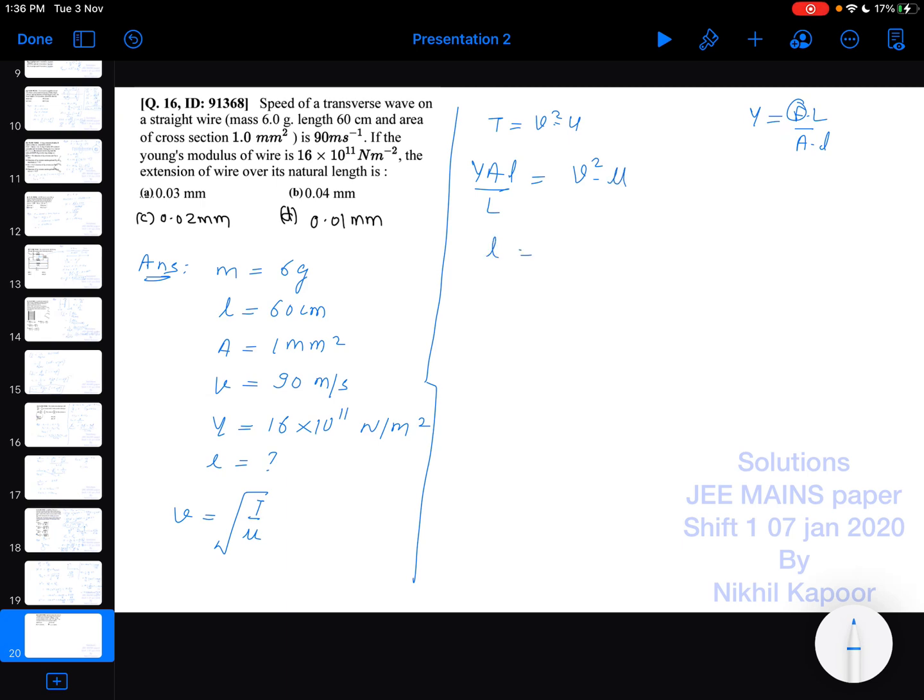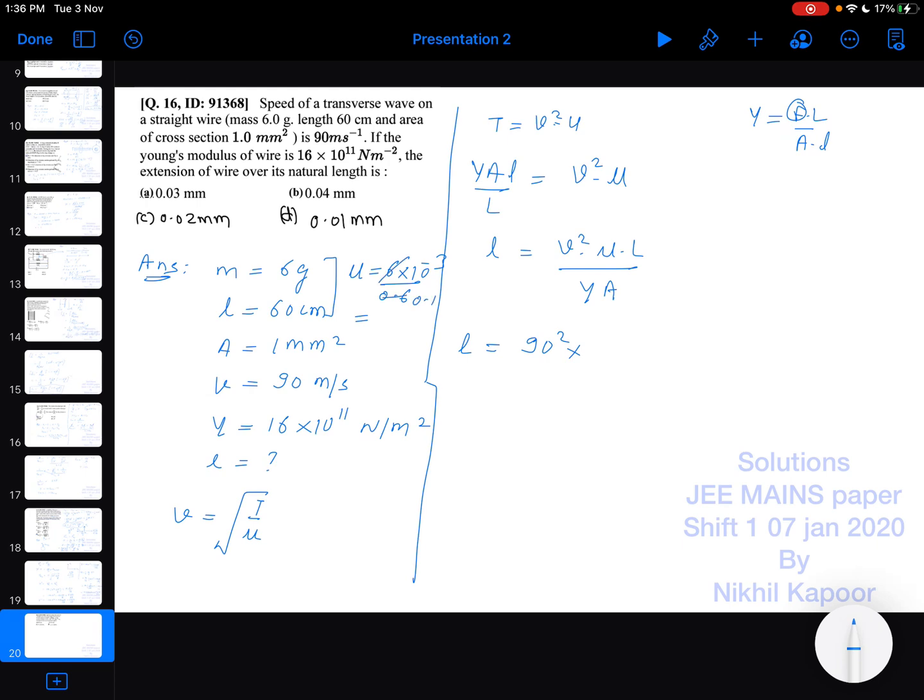So therefore the change in length or extension will be equal to V square into mu into L upon Y, into Young's modulus. So therefore change in length will be equal to square of 90 into the mass per unit length. By using these two things, I can find the mass per unit length, that is 6 into 10 to the power minus 3 divided by 60 centimeter, that would be 0.6 meter.